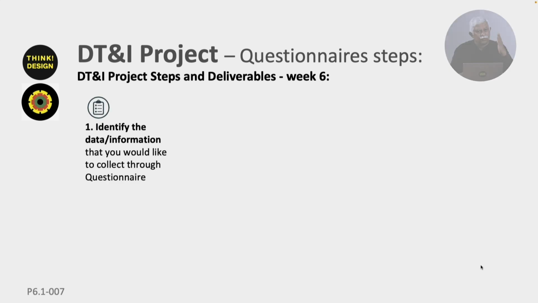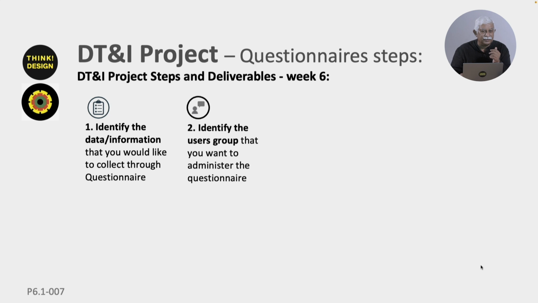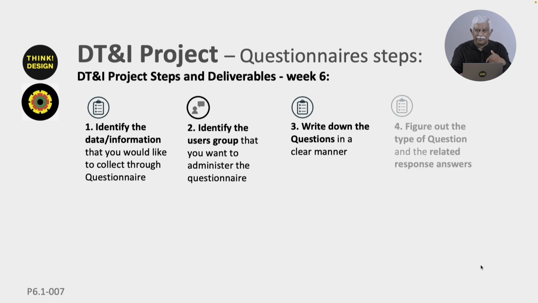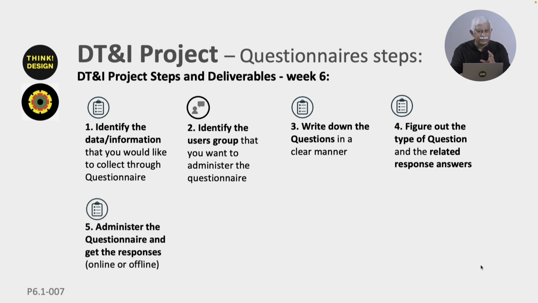And so what are the steps? First you need to identify what information you need. And you need to identify which group of users you're going to administer the questionnaires to. Write down the questions in a very clear manner. Figure out the type of question and the kind of response you want as answers for each of these questions.